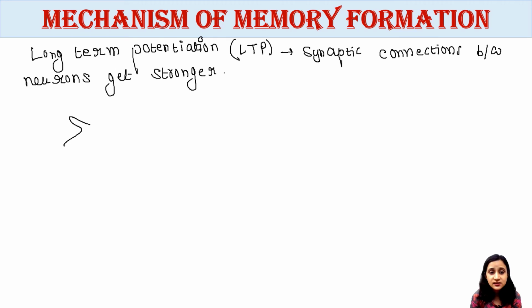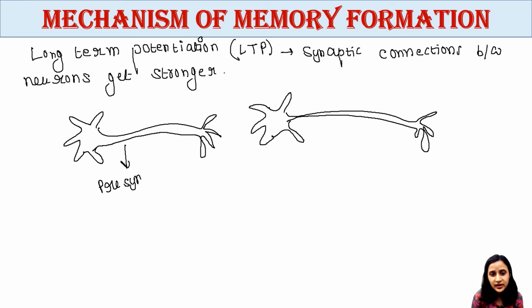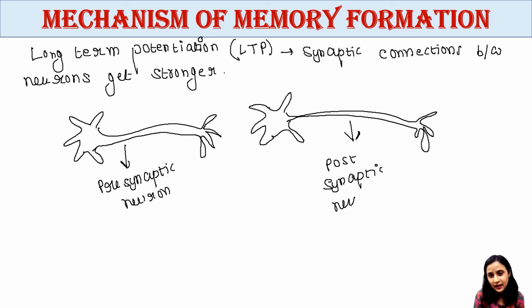Now suppose this is the neuron. And here is one more neuron. So this neuron is the presynaptic neuron and this neuron is the postsynaptic neuron.